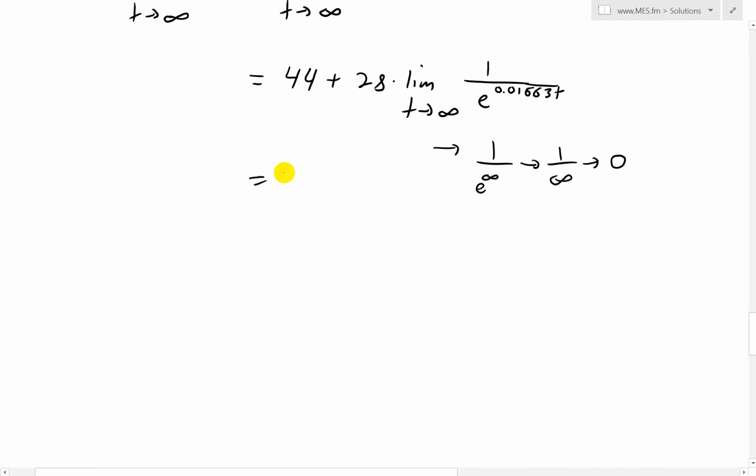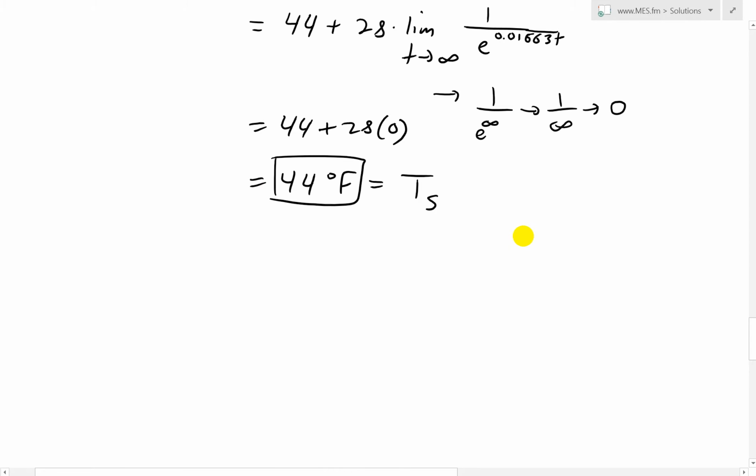So this equals 44 plus 28 times 0, which is 0. So this just equals 44 degrees Fahrenheit, which is our surrounding temperature T of S, for example the fridge temperature, or the refrigerator temperature.